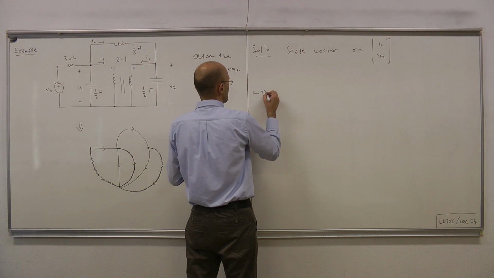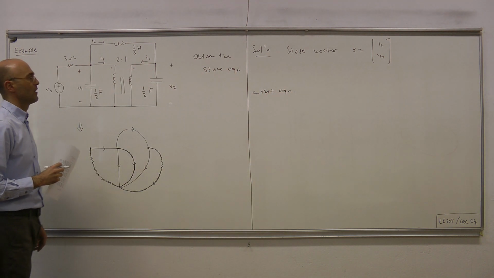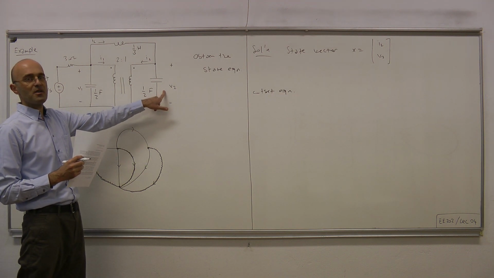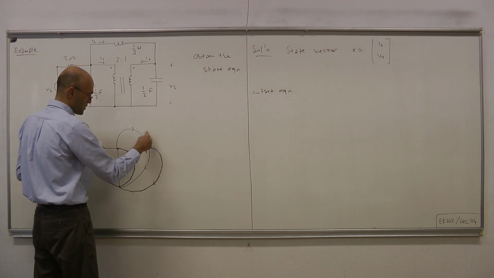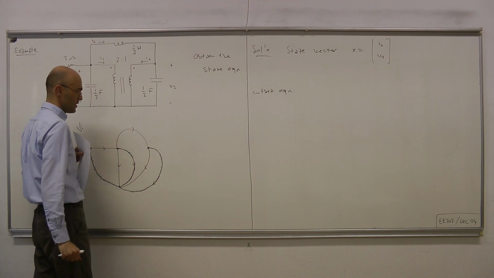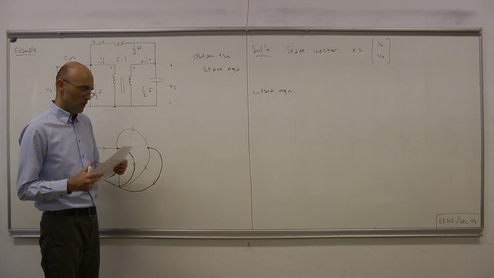Cutset equation. For the fundamental cutset described by the capacitor that belongs to our tree, we're talking about basically this cutset here, and we write a KCL equation here. So we have this current plus that current plus this current must equal 0.